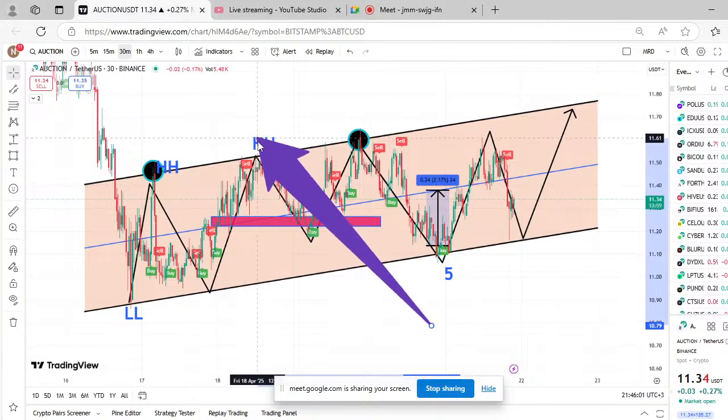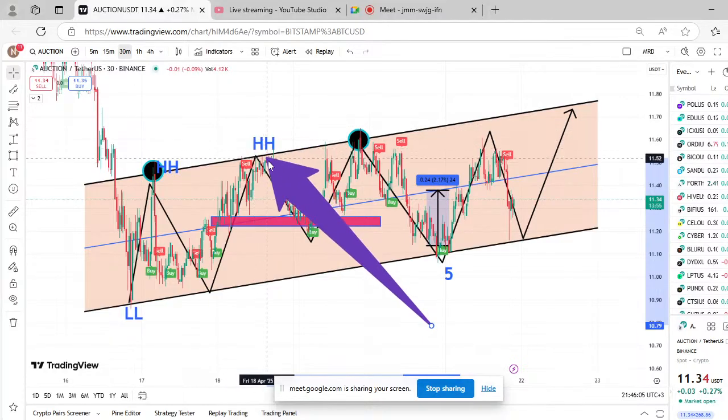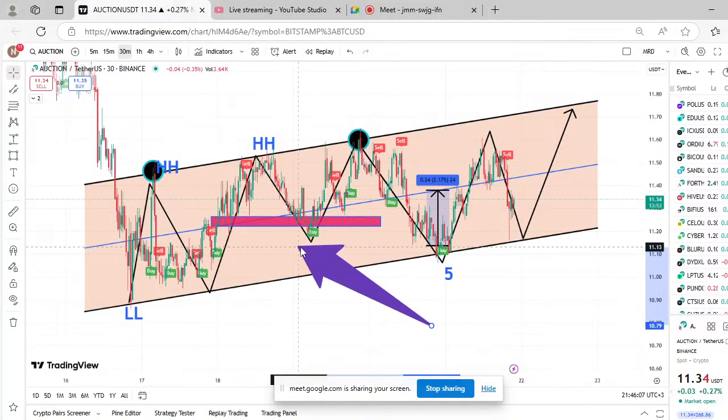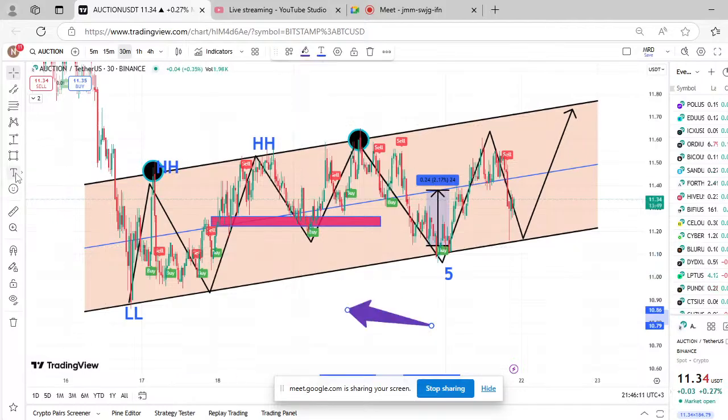Meaning, at this point, after forming what we call a high, it was supposed to come back to form. It was coming back from what? Lower low. Good. It was coming back to form a higher low.